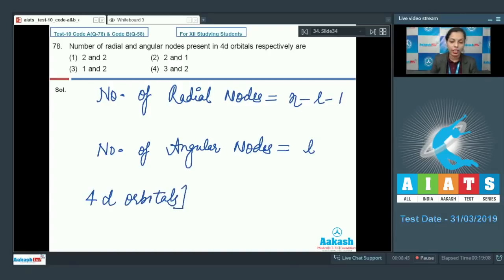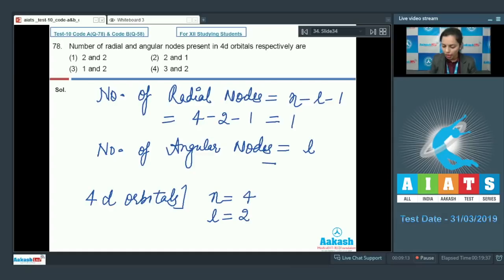Now, for 4d orbitals, the n value is 4 because we are talking about the fourth shell, and the L value is 2 because L value is 0 for s orbital, 1 for p orbital and 2 for d orbital. So the number of radial nodes would be 4 minus 2 minus 1, that is 4 minus 3, that is 1.